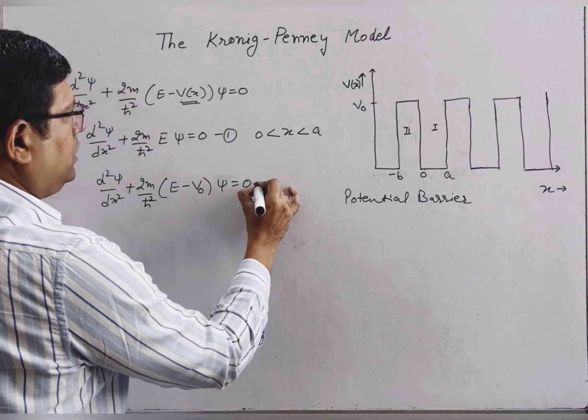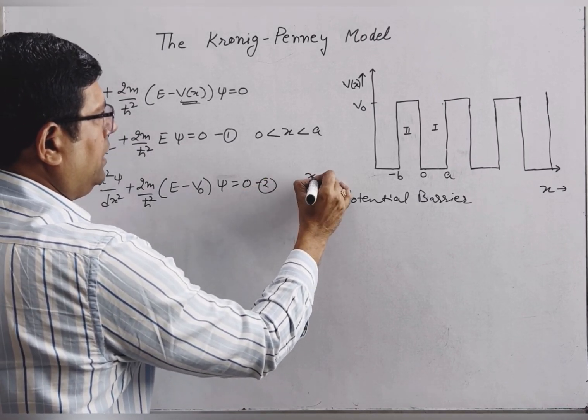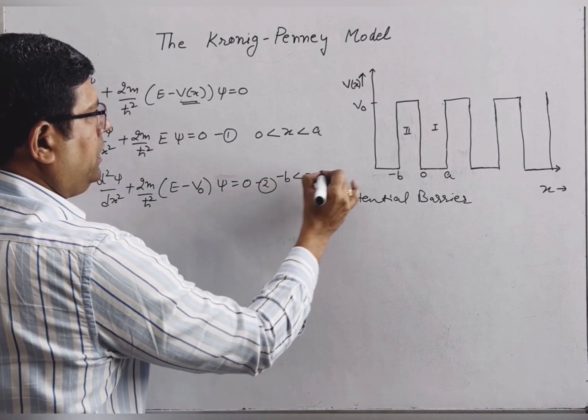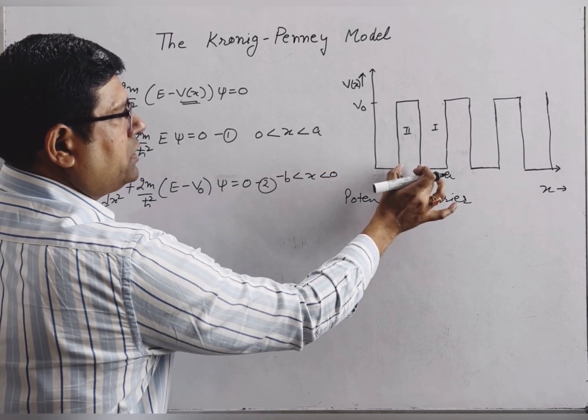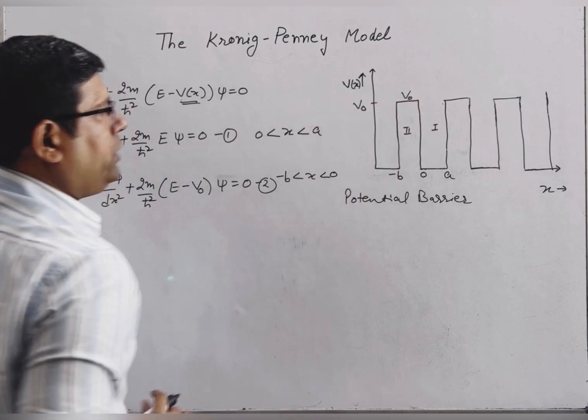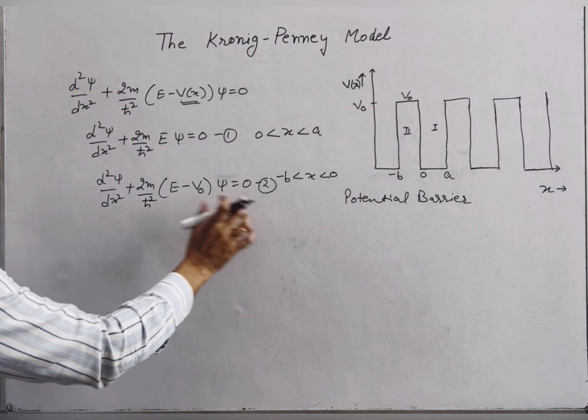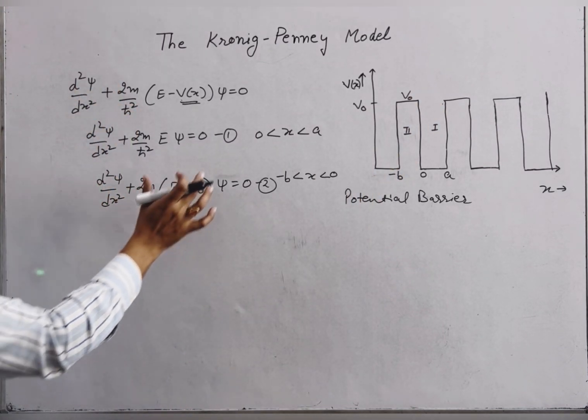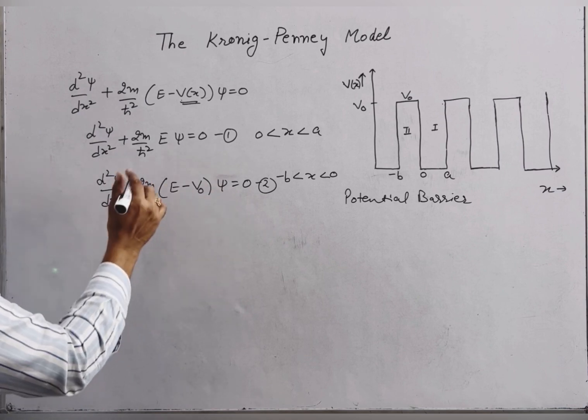This is equation number 2, for x lying between minus b and 0, where potential is V naught. Now we will simplify these two equations.